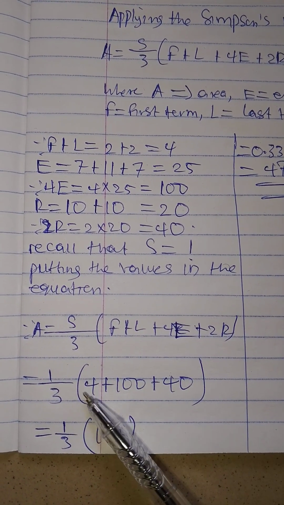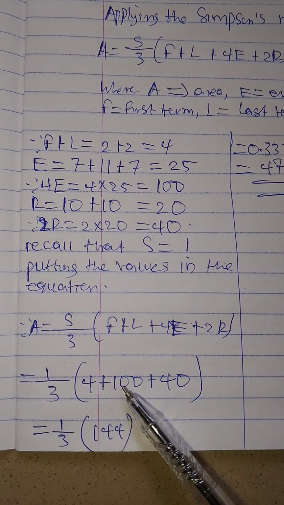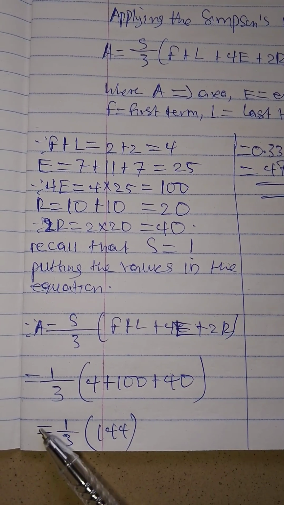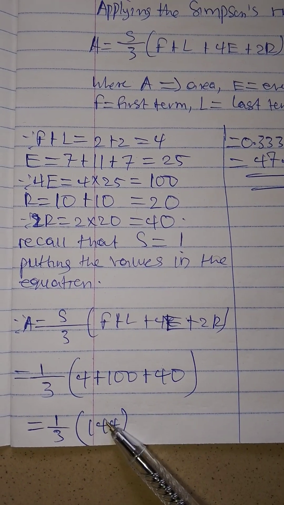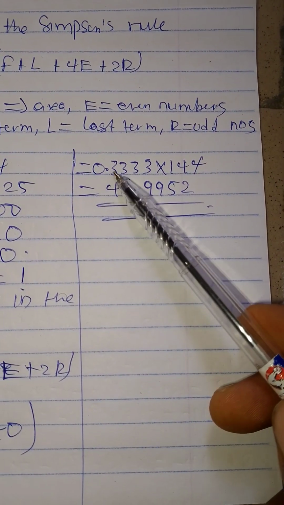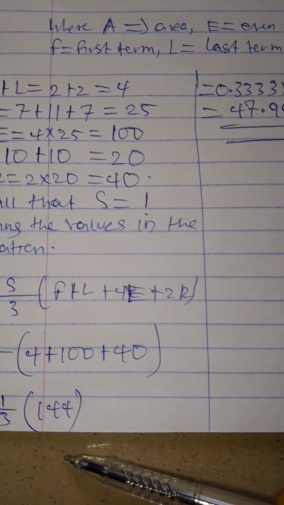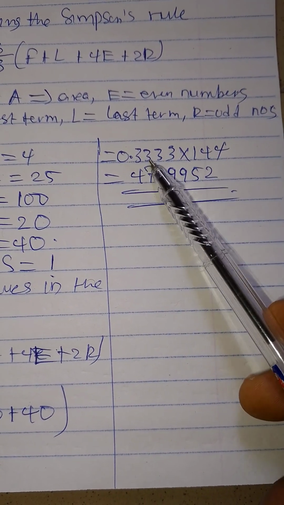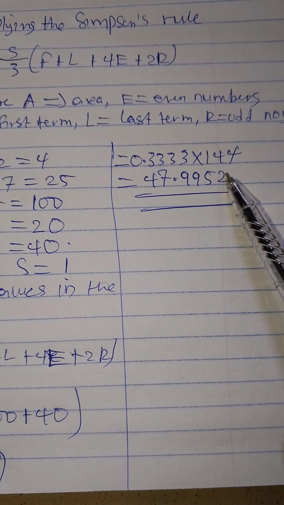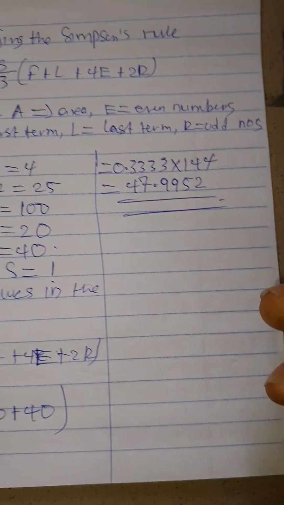The sum of the first and last term is 4, plus 4E, which is 100, plus 2R, which was 40. So that becomes 1 over 3 brackets. The sum of everything will give me 144. So 1 divided by 3 will give me 0.3333 times 144. Multiplied together, this will give you 47.9952. That is the final answer.